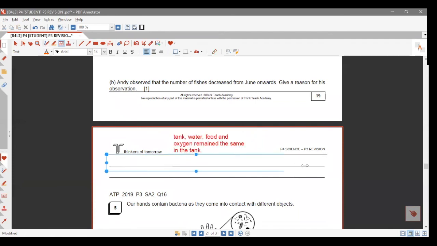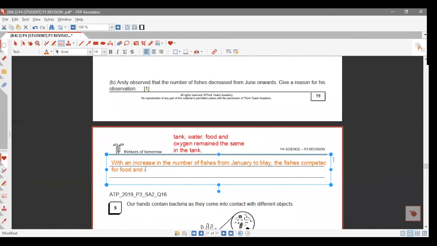Then for my answer, I will say that with an increase in the number of fishes from January to May, the fishes competed for food and dissolved oxygen.